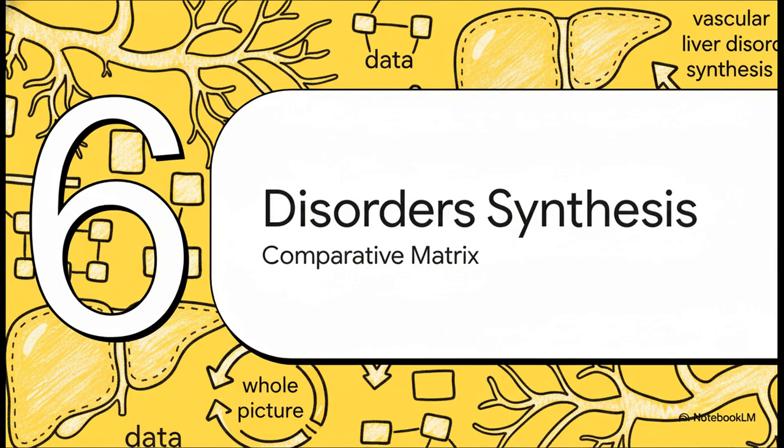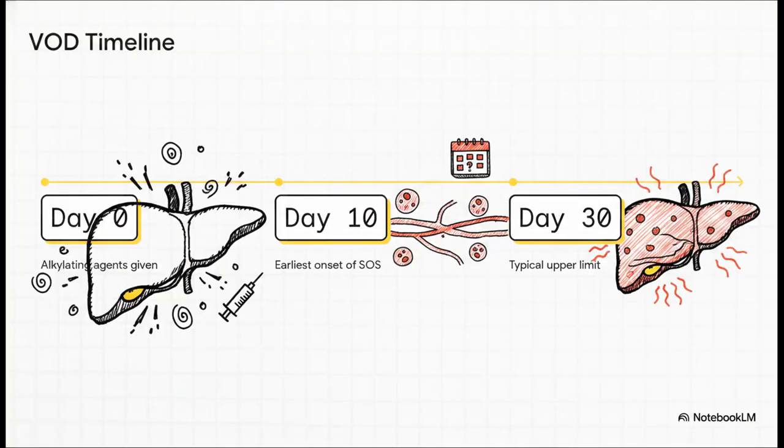To truly master this material, we have to step back and look at the whole picture. Welcome to Section 6, Vascular Liver Disorder Synthesis. Let's integrate all this data. Before we hit the master matrix, we must briefly isolate one highly specific intrahepatic post-sinusoidal pathology, sinusoidal obstruction syndrome, also known as veno-occlusive disease.